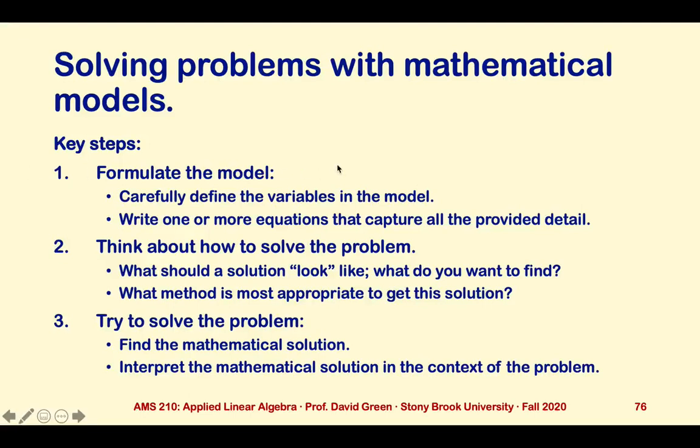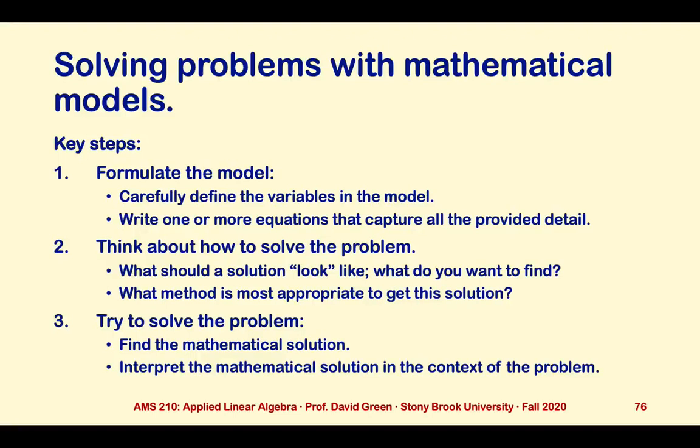Formulating the model, where we think about what the variables in the model need to be, define what they are so we know what the symbols in our equations mean, and then write down one or more equations, most often more than one, that capture all of the detail in the problem.